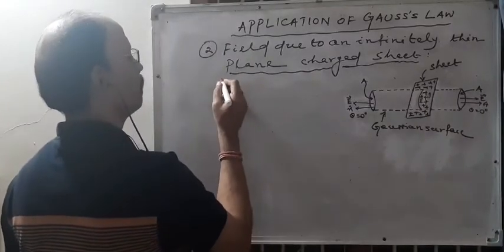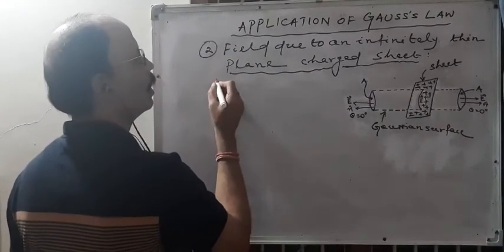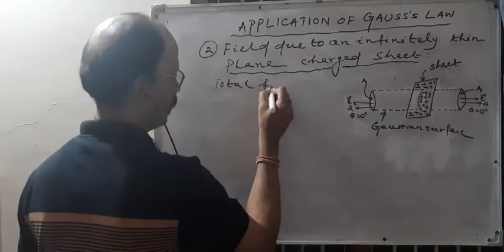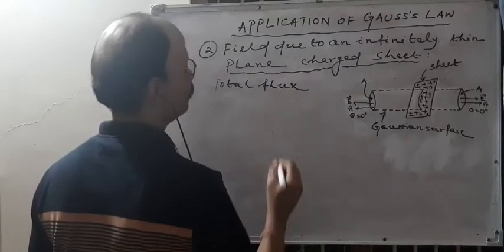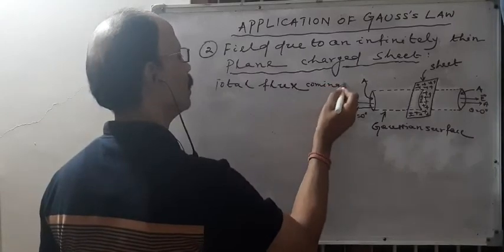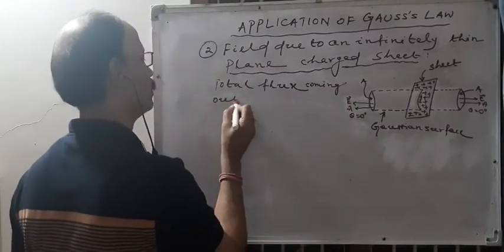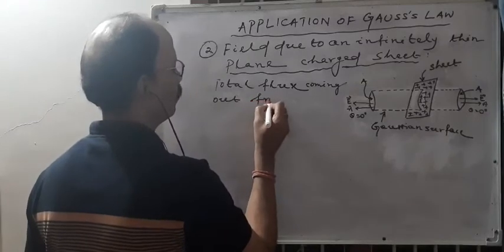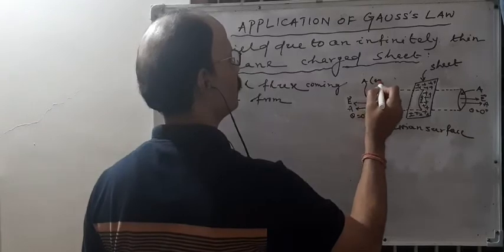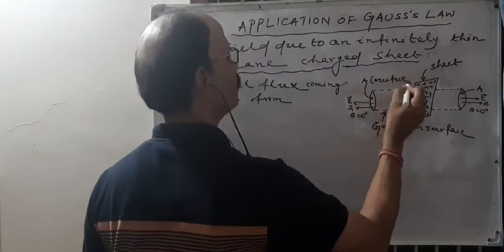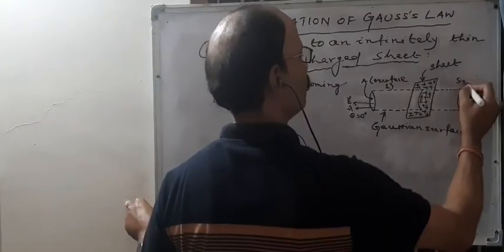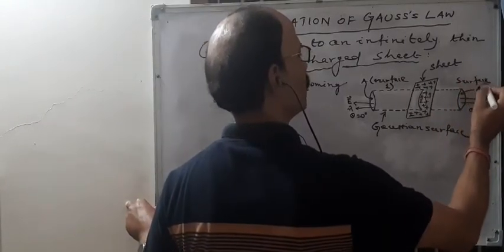First of all, total flux coming out from, suppose you are taking it as surface 1 and it is surface 2.